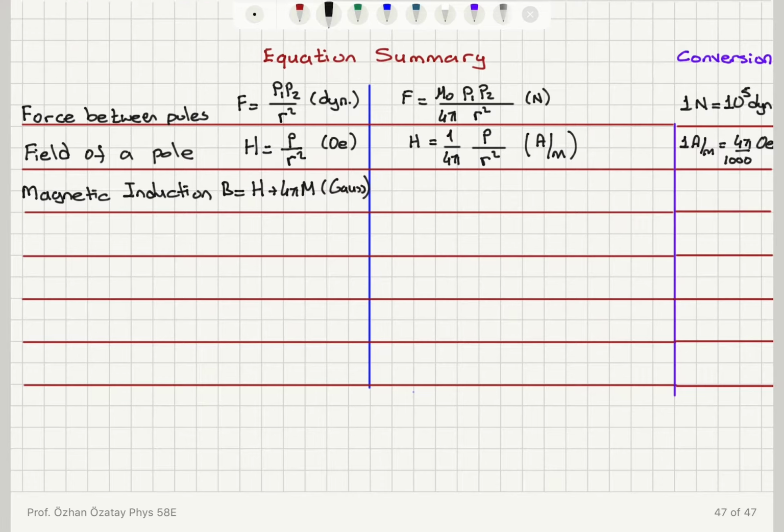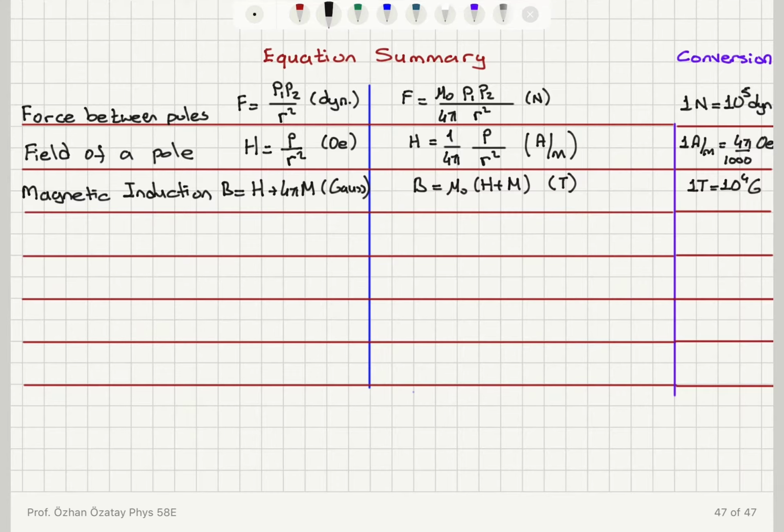Now in SI, B is equal to mu 0 times H plus M, the magnetization, where H is in ampere per meter, M is in ampere per meter, and mu 0 is again 4 pi 10 to minus 7 Henry per meter. The answer is given in Tesla, and 1 Tesla, as we have seen, is 10 to 4 Gauss.